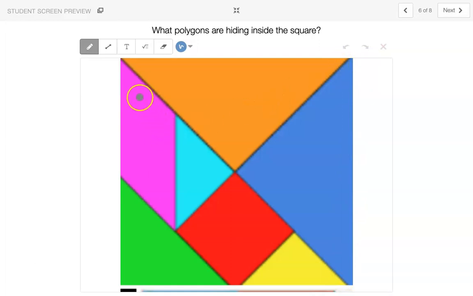I see I have a parallelogram here. If I put it together with this triangle, it forms another type of quadrilateral. It's not a parallelogram anymore, it's just a quadrilateral. If I take the blue triangle and I put it together with the red square, I get another quadrilateral.